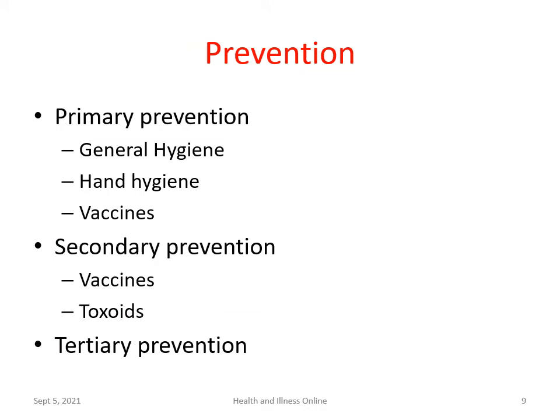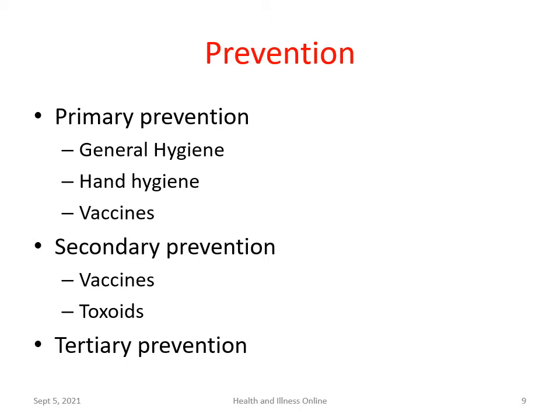So this slide once again shows you something which we discussed on the previous slide. Slide number 9 talks about primary prevention: general hygiene, drink clean water, wash your hands, stay away from people who may be infected, hand hygiene, and then the vaccines.